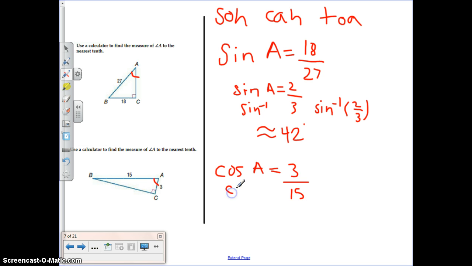Now I'm going to take the inverse cosine of both sides because these two will cancel and I'll just be left with my angle A is equal to the inverse cosine of 1/5, which is about 78.5 degrees.